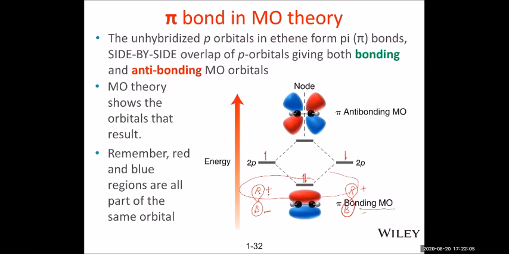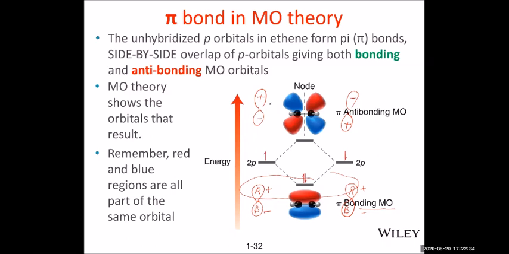Because the sign is the same above the carbon atoms, they reinforce and give you a low energy bonding orbital. If the two p orbitals have opposite signs above the carbons, then the interference is destructive.